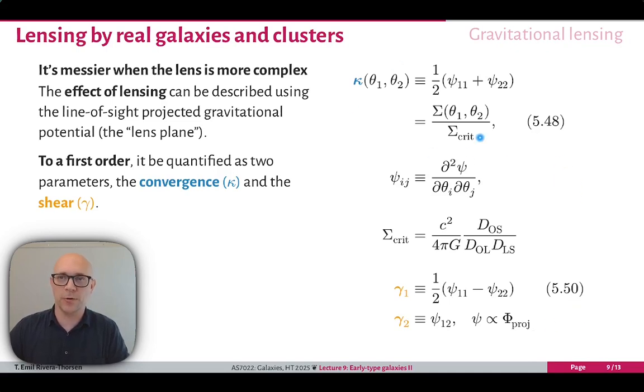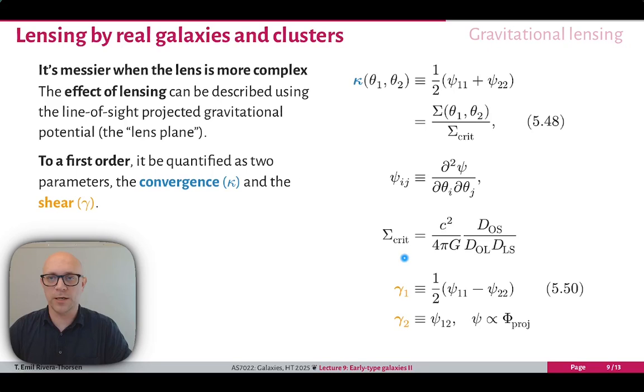The convergence is where these are the doubly differentiated in the same direction, and here the shear are the mixed differentials of this reduced potential. So basically, what we can learn from this, right, is that the shear and the convergence depend basically only on the steepness and the direction of the gravitational potential of the lensing system at a given projected two-dimensional angle.